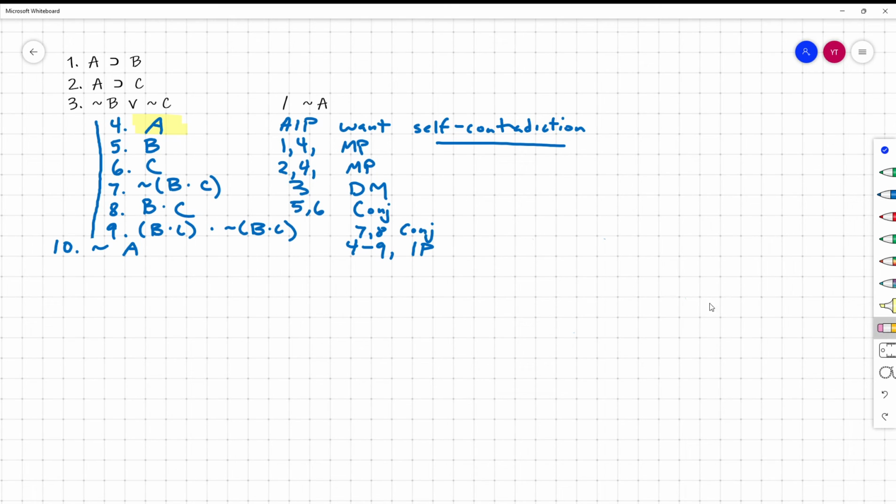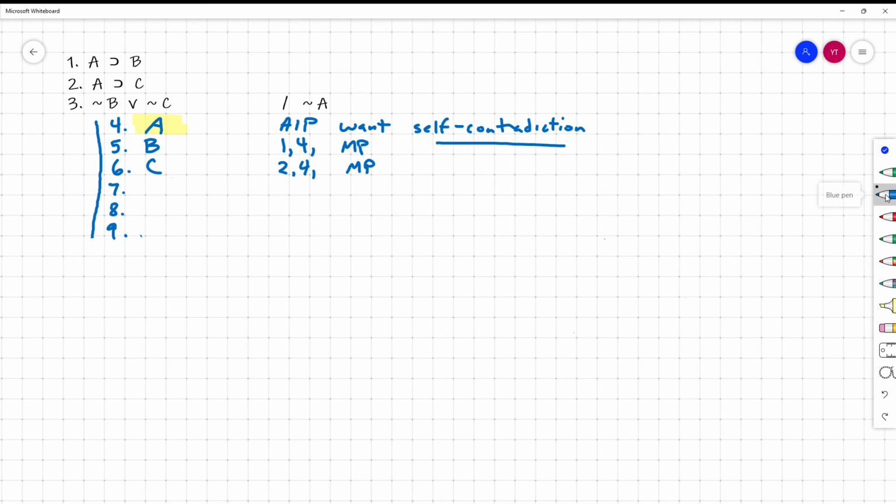Now, before I move on here, I wanted to point out that you should try as much as possible to keep an open mind about the contradiction that you're going to generate, because in most proofs you can actually generate more than one self-contradiction. For example, here in thinking through or working forwards, I think this was the more obvious contradiction to derive, but certainly there are others.